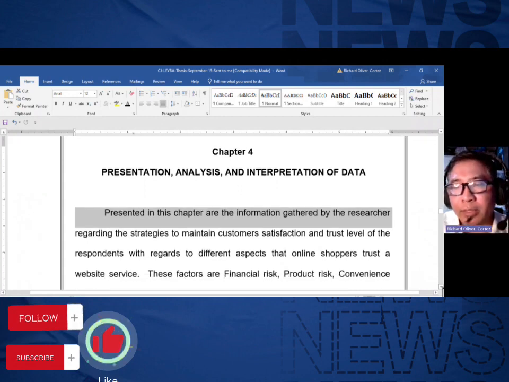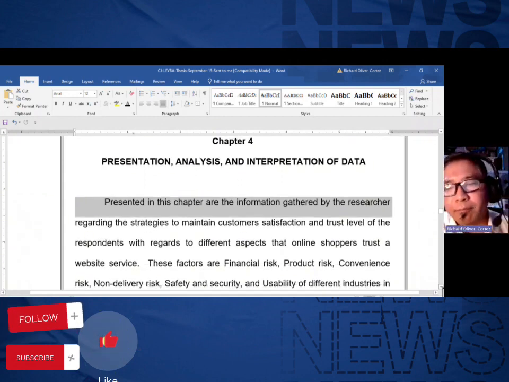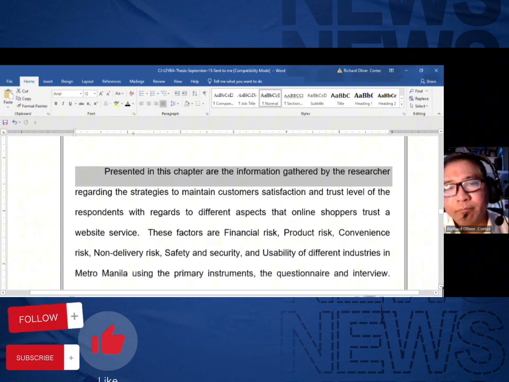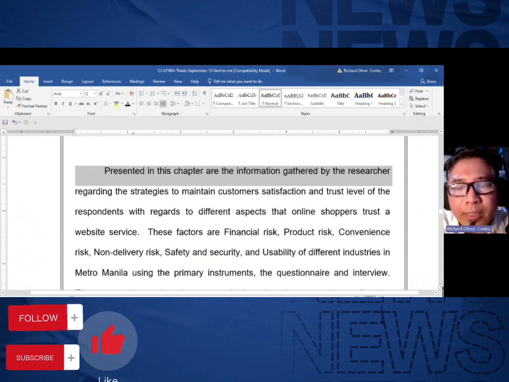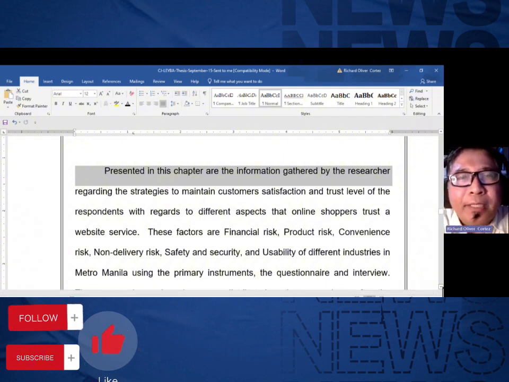So you should have here an introductory paragraph. For example, this research talks about the risk, financial, delivery, fraud, product risk involved in online stores in Metro Manila.